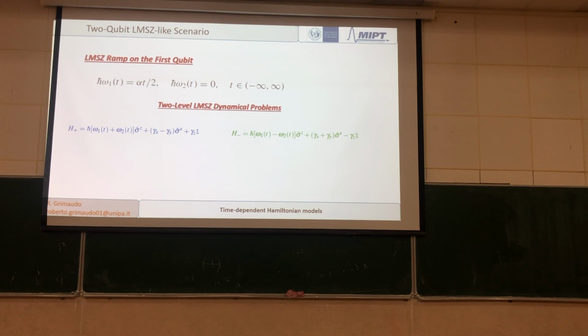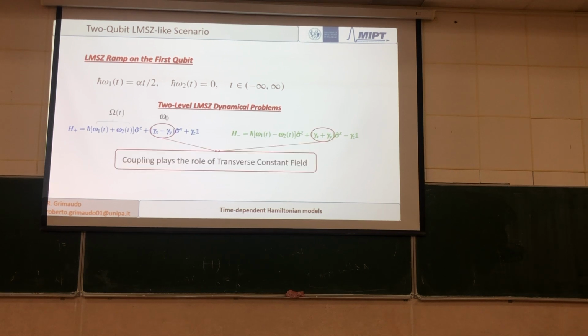In this case, our effective, fictitious, time-dependent two-level Hamiltonians are actually Landau-Zener Hamiltonians. Indeed, thanks to the presence of omega 1, we have the Landau-Zener longitudinal field varying linearly in time, and this is actually the fictitious magnetic field, with a constant transverse magnetic field, the same as omega 0 in the Landau-Zener model.